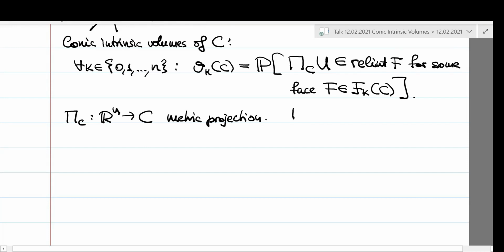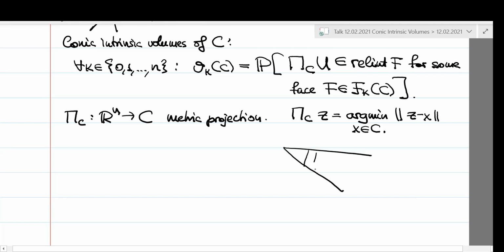It is a map which assigns to a vector z the minimizer of the following function, the norm of z minus x. This is just the Euclidean norm, over all x in C. So we take a convex cone C and we try to find a vector. So here is a vector z, and then we try to find a vector x in C which minimizes the distance to z.